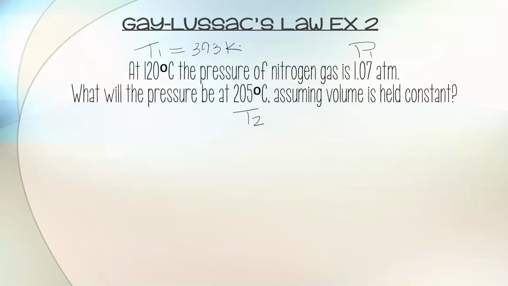And then once again, for T2, add 205 plus 273. 478 Kelvin. All right, P1 is on top, T1 on the bottom.